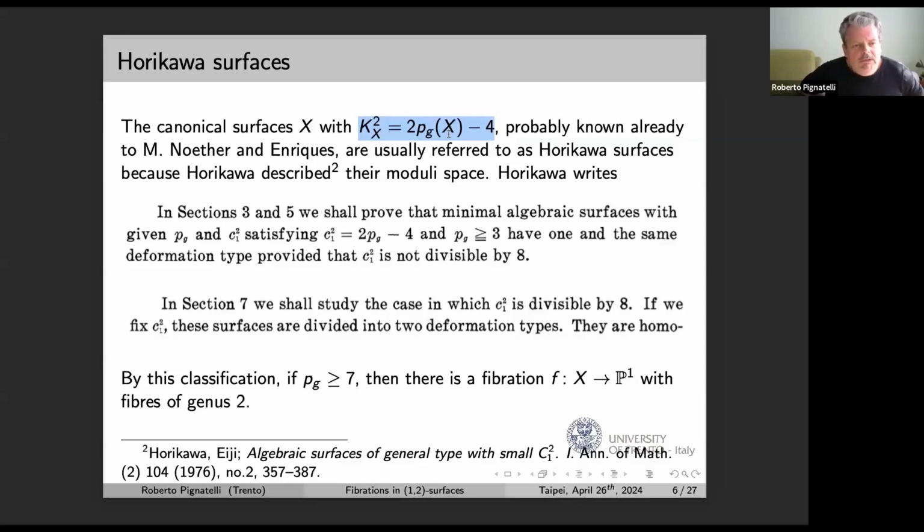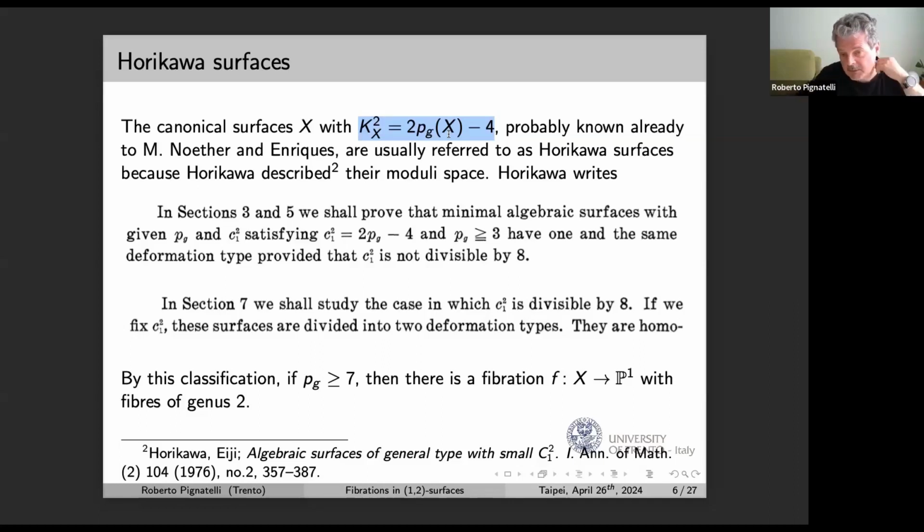Although, as I was told, as an Italian I have to say, because I was criticized recently for not doing that, this classification was probably, looking at their paper, already known to Max Noether and Federico Enriques, at least looking at the book. Although, as you know, things written by Federico Enriques are not always completely formally okay.